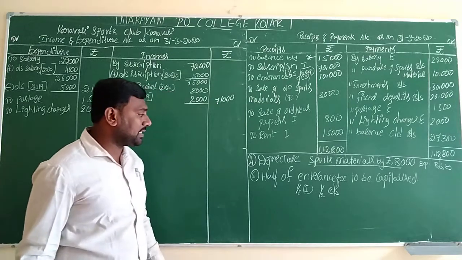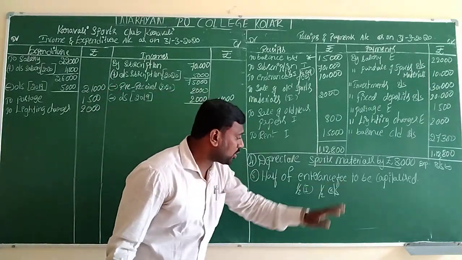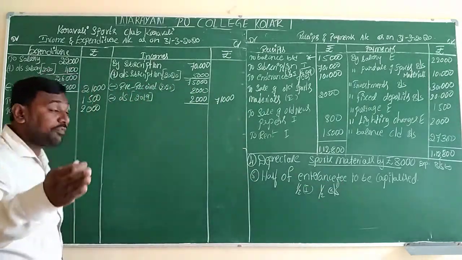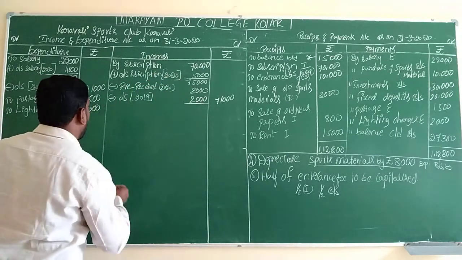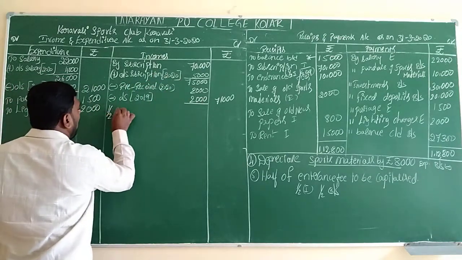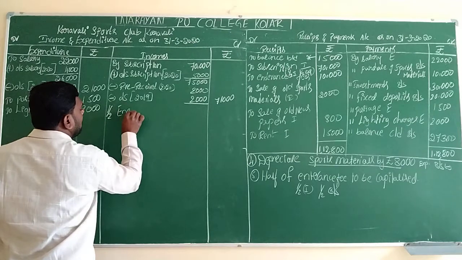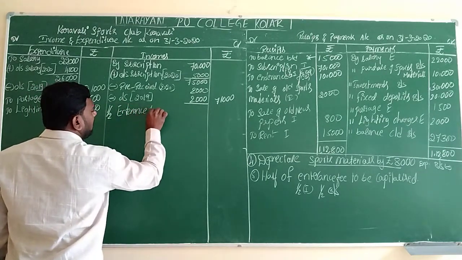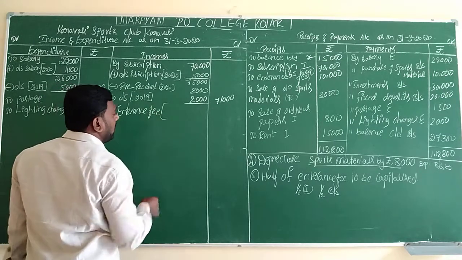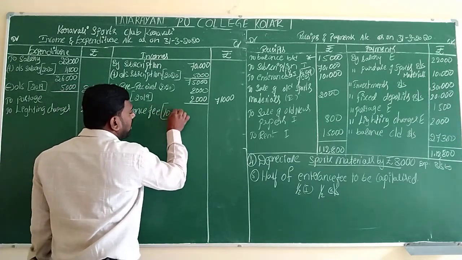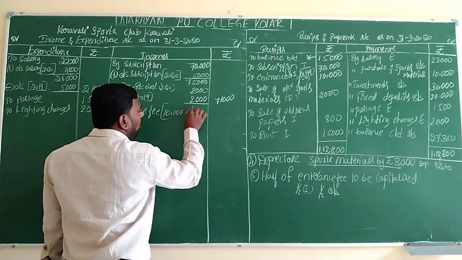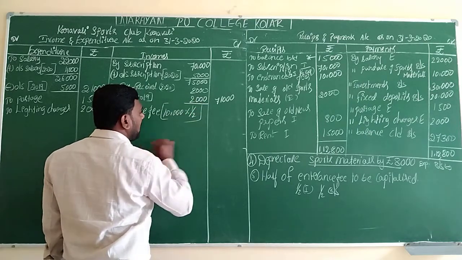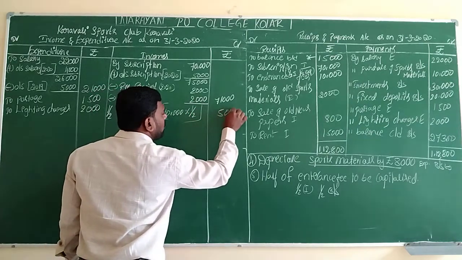For this there is an adjustment. Half of entrance fees to be capitalized, that means half is income, remaining half is capital. Half entrance fees. In bracket, actual entrance fees is 10,000 into 1 divided by 2, we will get 5,000.